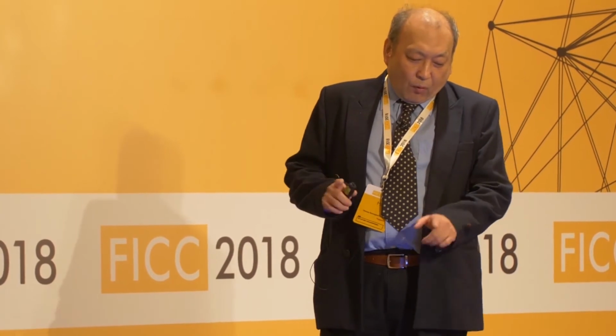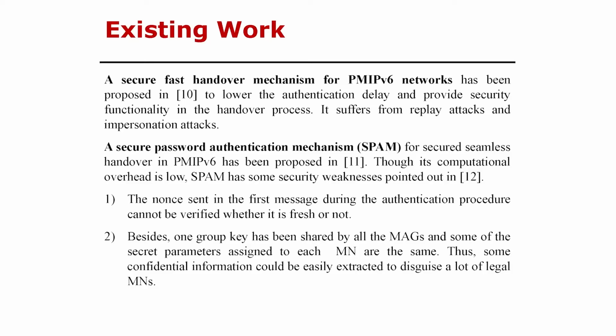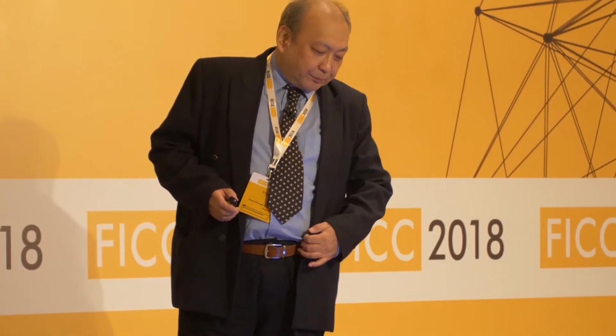Secondly, one group key is shared by all the MAGs, since the MAG is going to control the mobility of the mobile sensors. So some of the confidential parameters are easily disclosed, which provides space for attackers to attack the system.